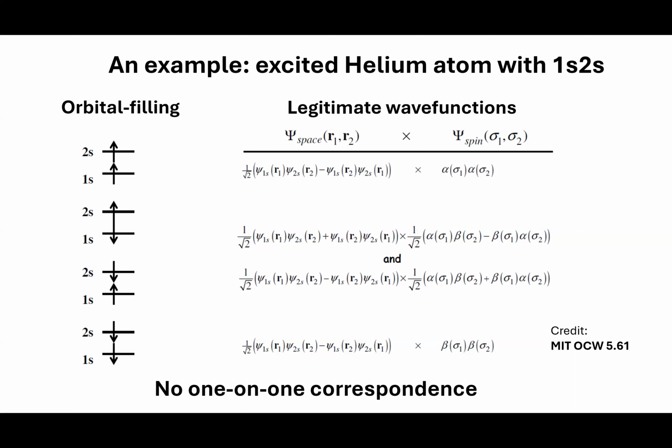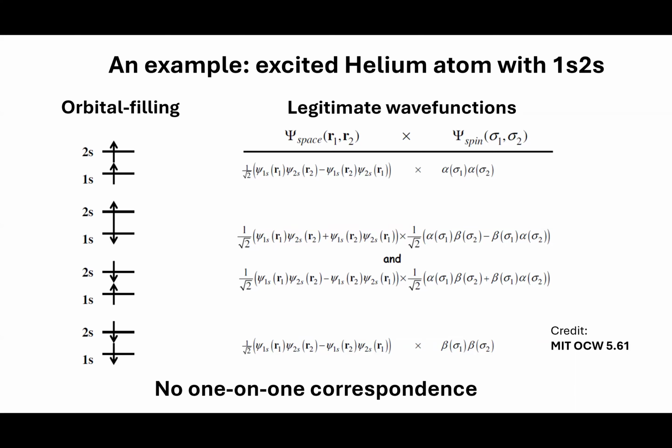You cannot really find any wave function that corresponds to this. What you'll find is that these wave functions are more like linear combinations of the states on the left.